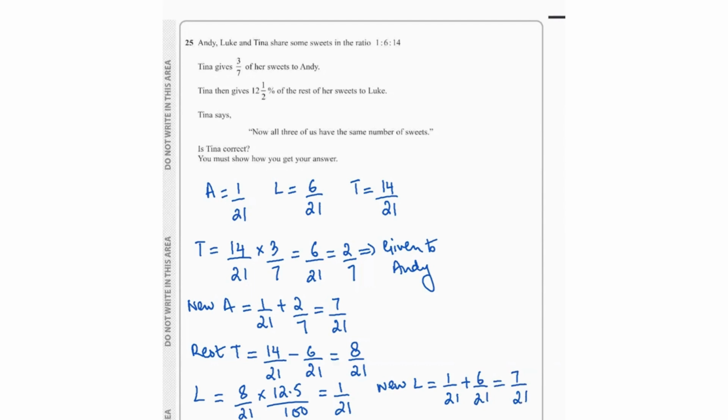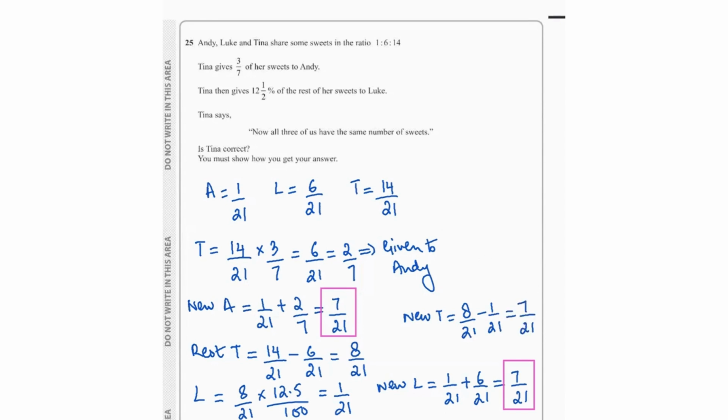Now let me just highlight this. New for Andy is 7/21. New for Luke is 7/21. Now we need to find the new amount for Tina. So new Tina is going to be 8/21 minus 1/21, which is also 7/21.